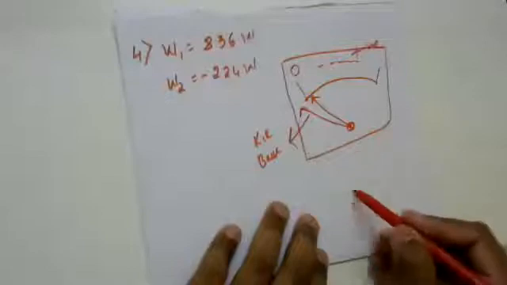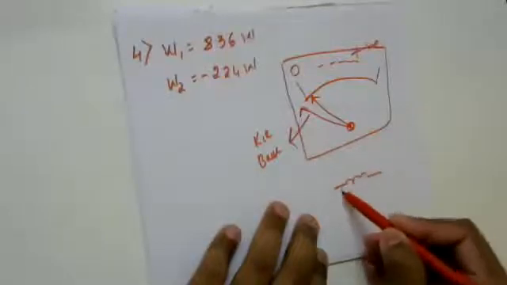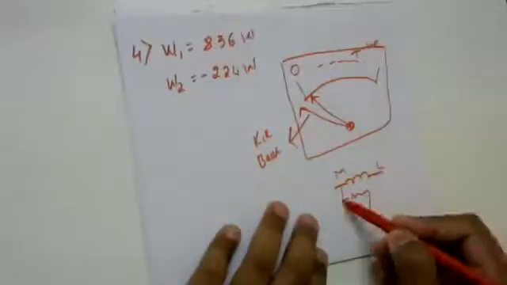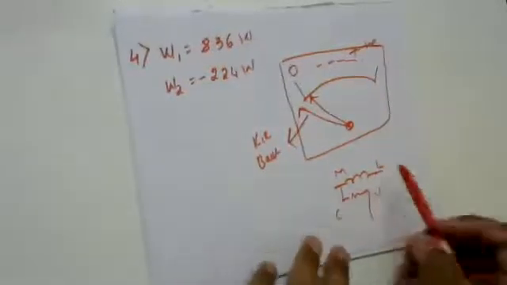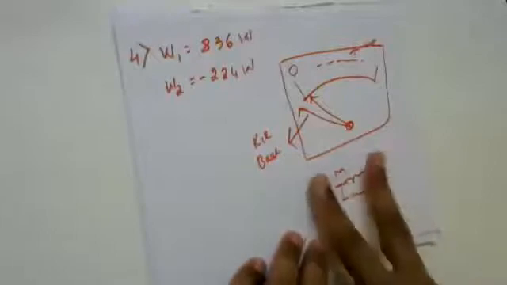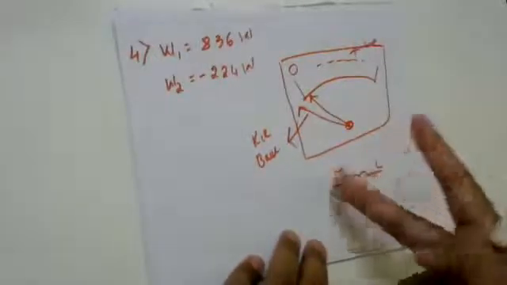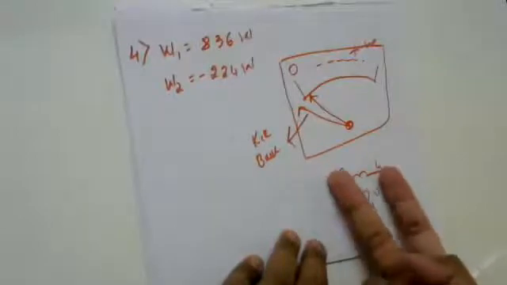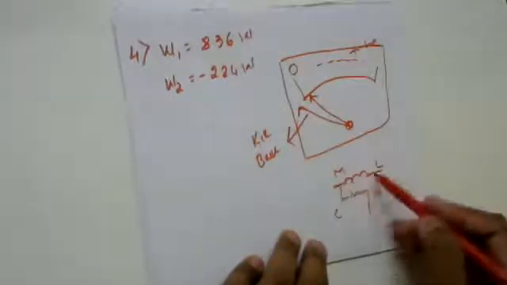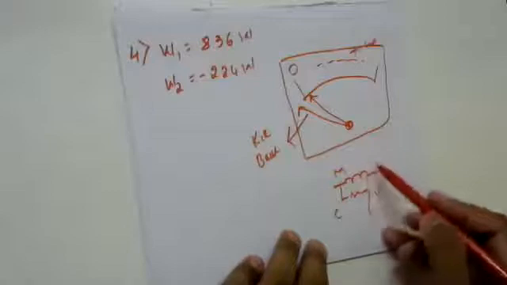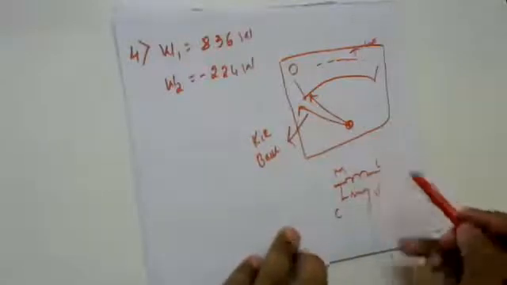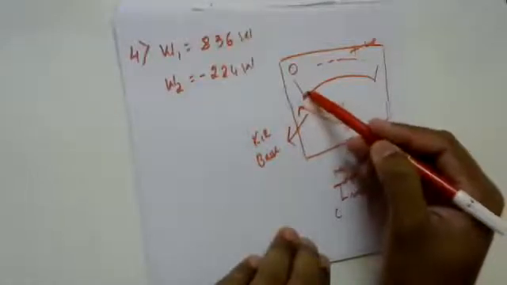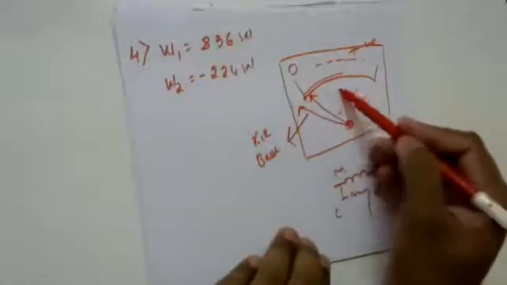This is my wattmeter with M, L, C, and V. I will just flip this connection. Since the direction has changed, this coil will now read positive values only, and the pointer will move like this.